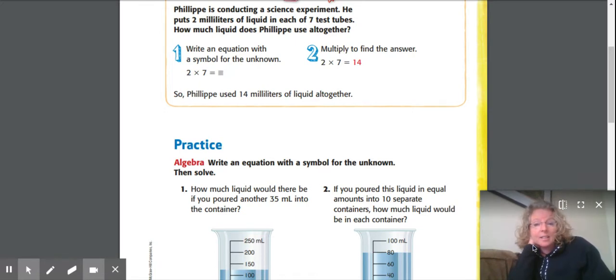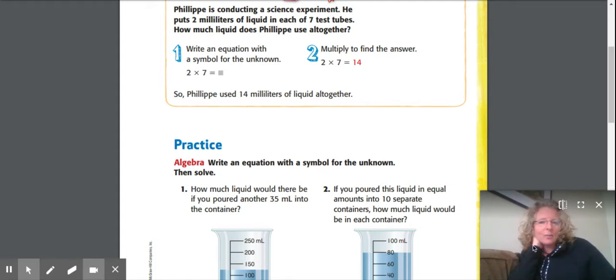Philippe is conducting a science experiment and he puts 2 milliliters of liquid in each of 7 test tubes. There are different things you can do, guys. Do you want to draw a diagram? You know me, I would draw 7 circles for test tubes. And what number would I put in each? Right, 2, because it says he puts 2 in each.